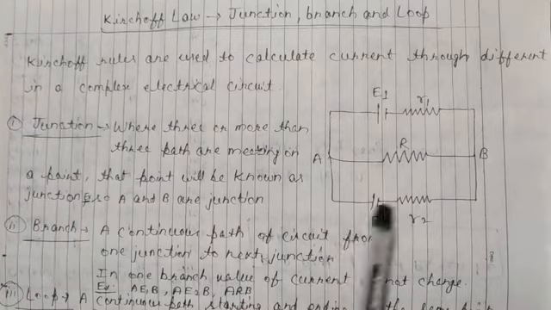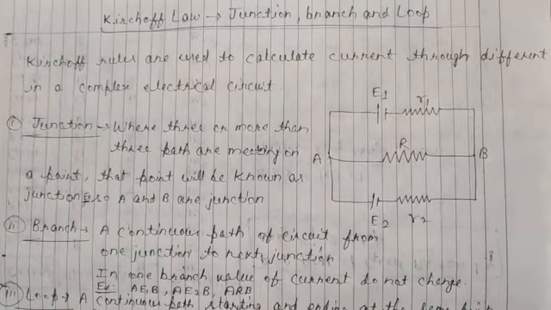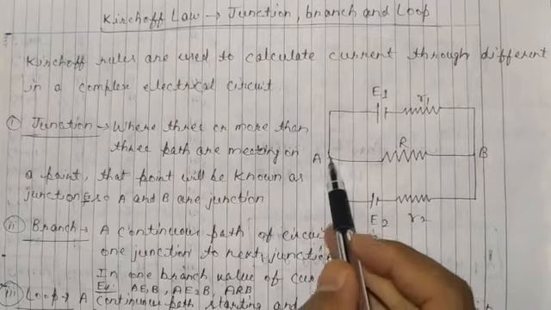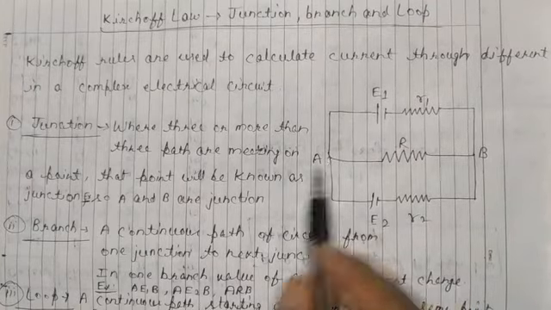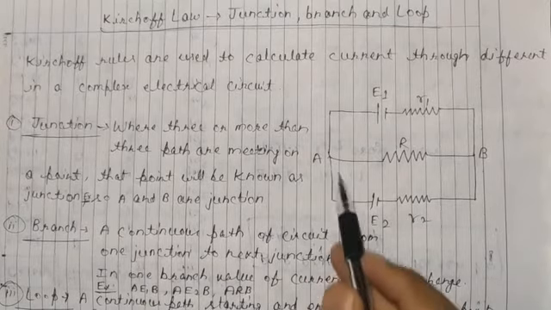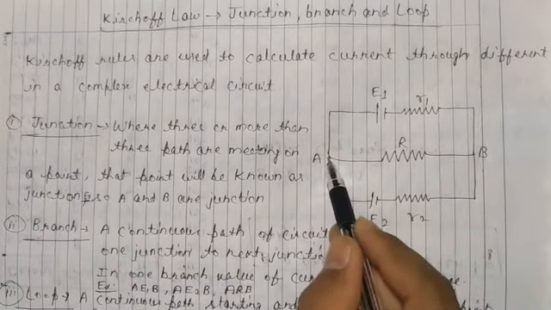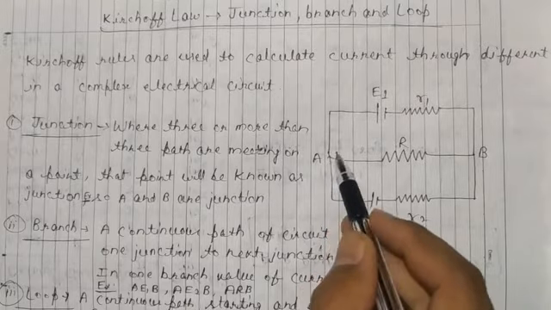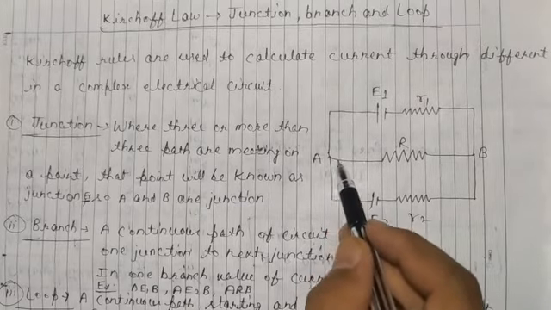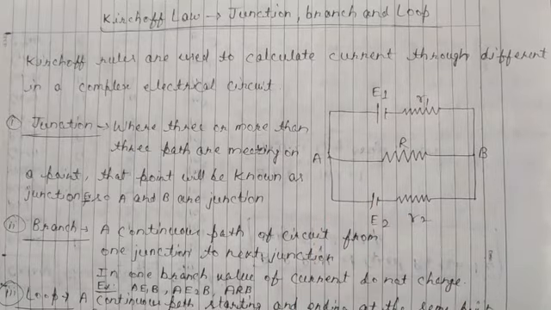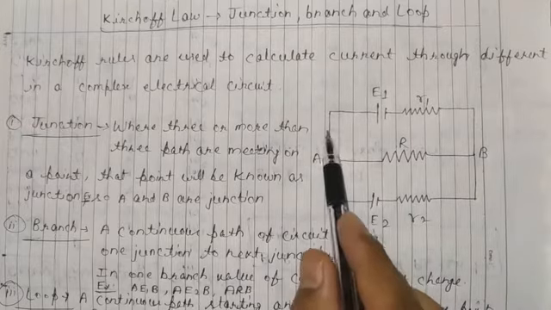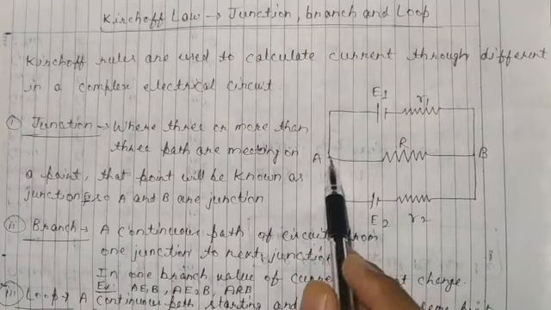If current is going from here and this point where there are 3 paths meeting each other, first path, second path and third path, where 3 or more than 3 paths are meeting on a point, that point will be known as junction.